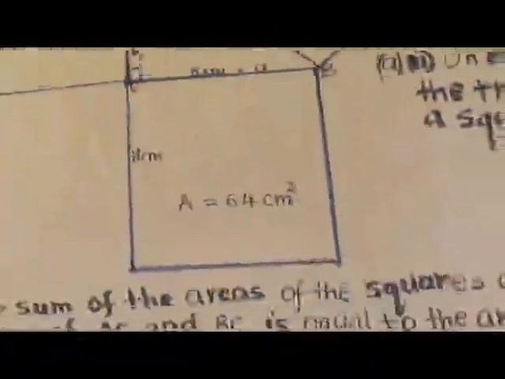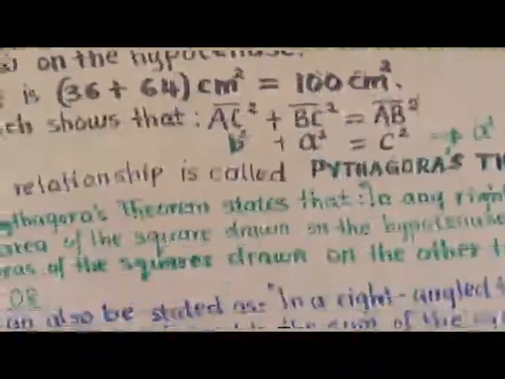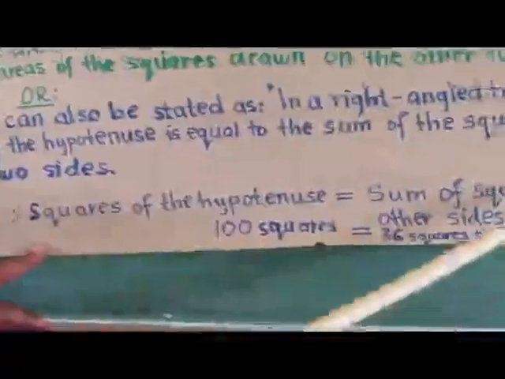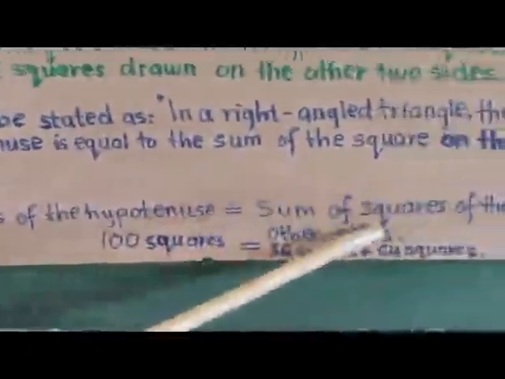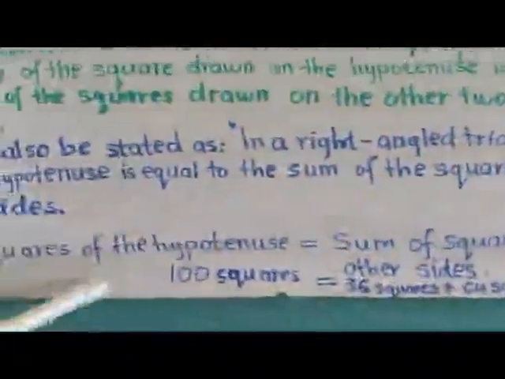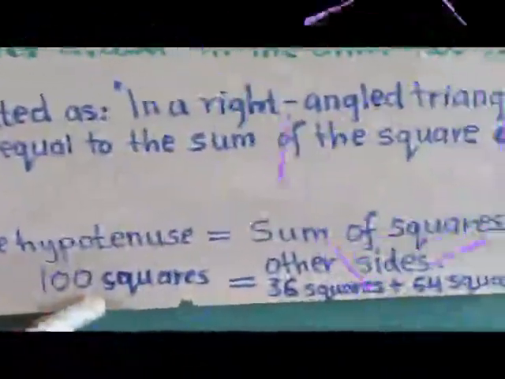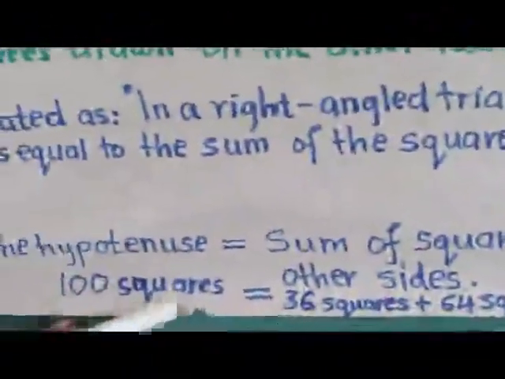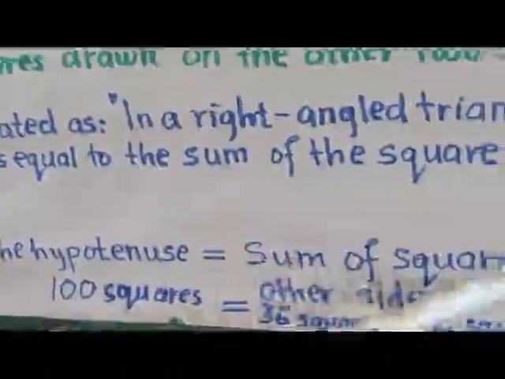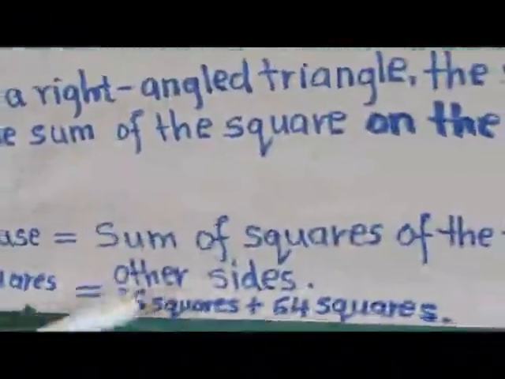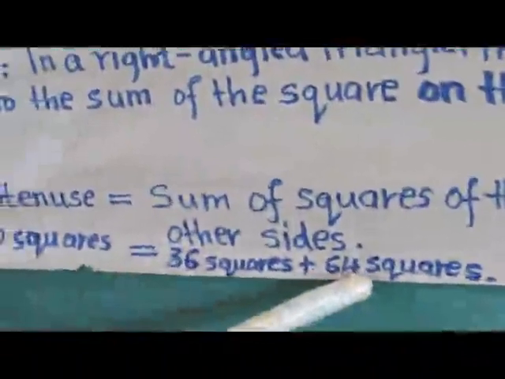Therefore, we can conclude that the square of the hypotenuse is equal to the sum of the squares of the two other sides. The square of the hypotenuse is equal to 100 squares. And the sum of the squares on the other two sides is 36 squares plus 64 squares.